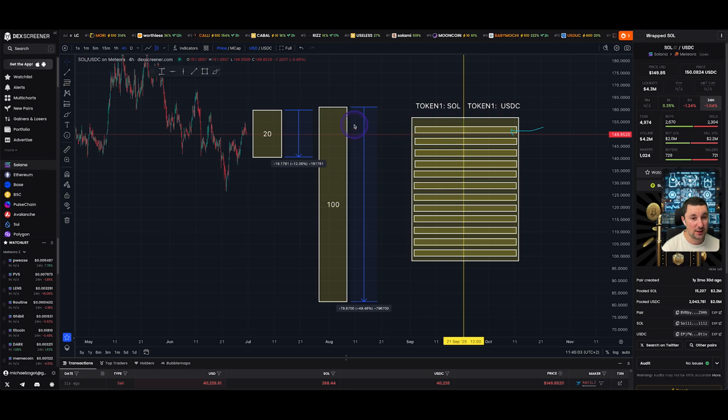When we zoom into this range, we have segments, and these segments are the bins, and a bin is like a liquidity aggregation for a specific price. For example, when we open a pool, I will do that right now, we have 69 bins.